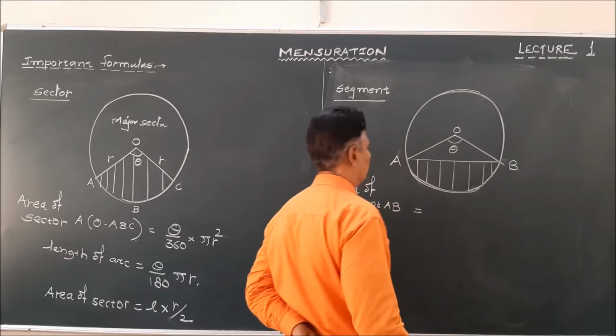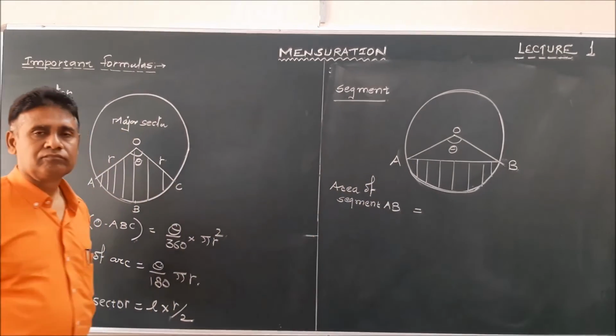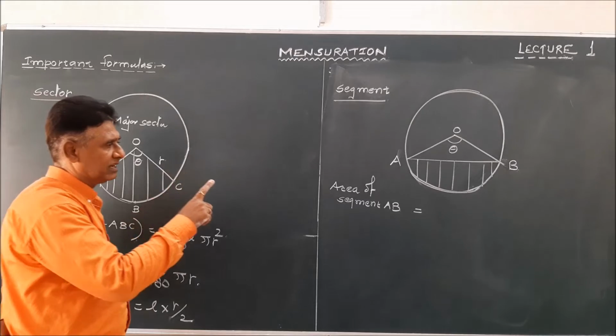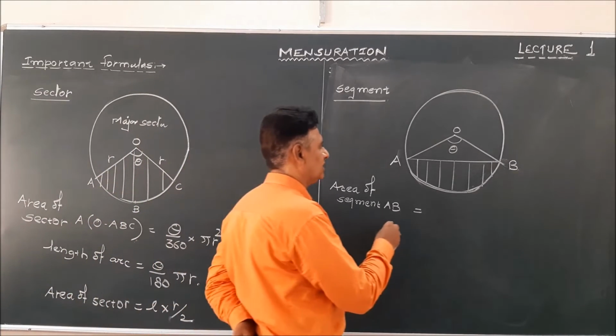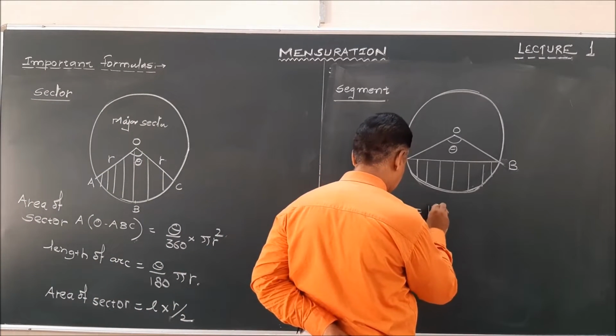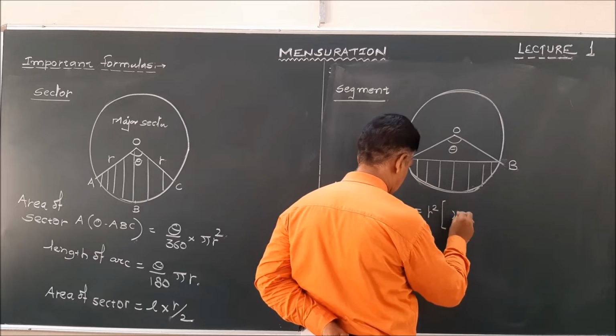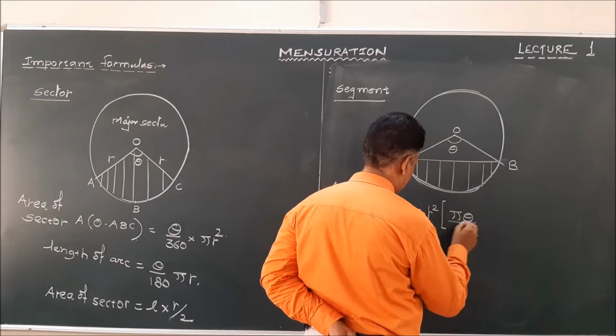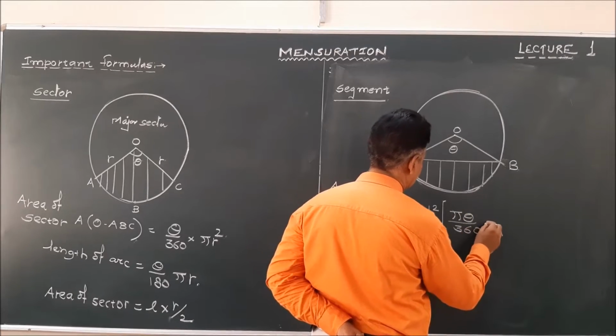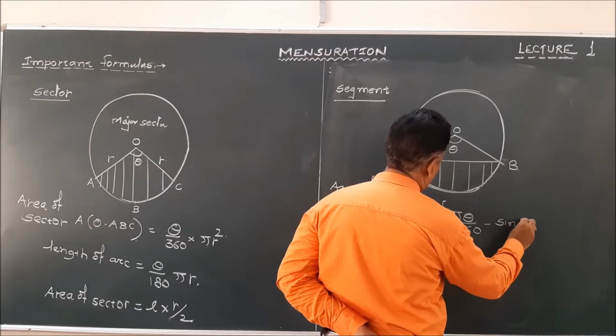O is center of a circle. Area of segment AB is equal to R square pi theta upon 360 minus sin theta.